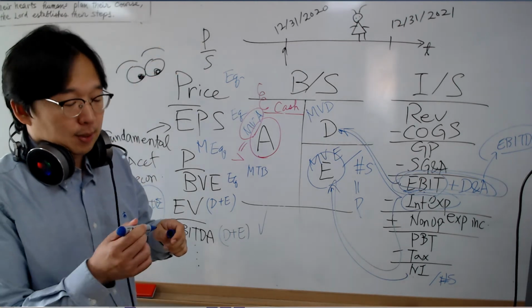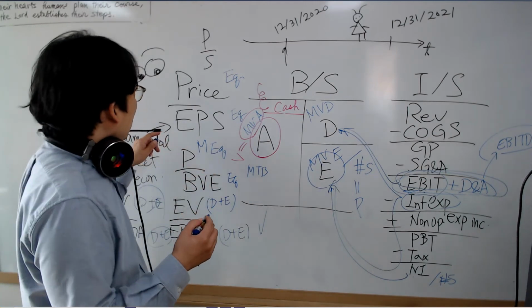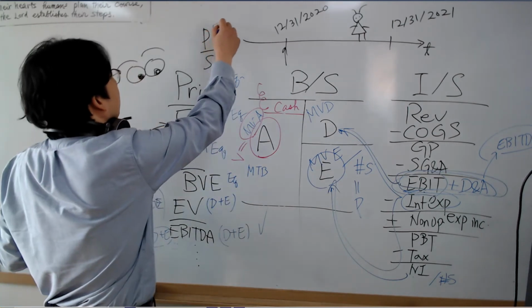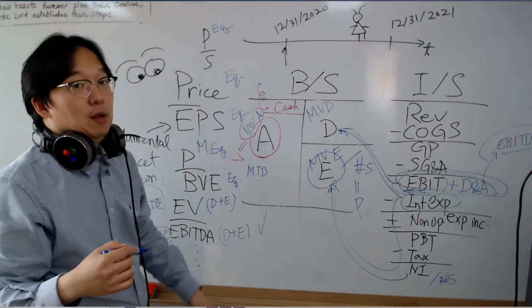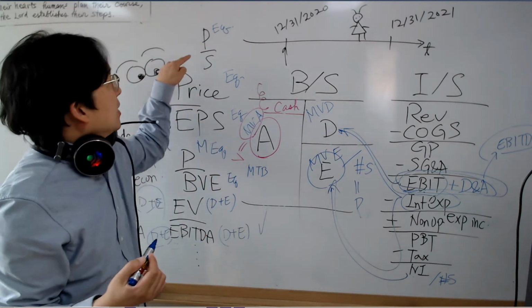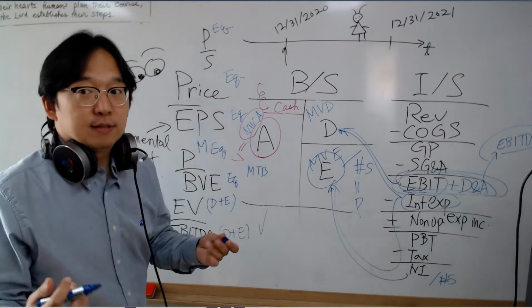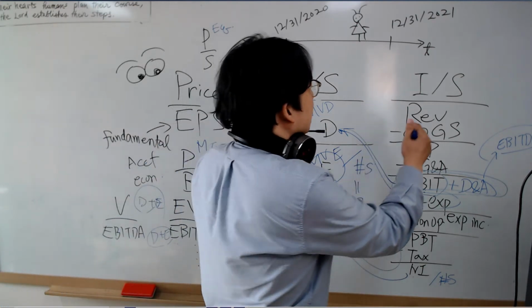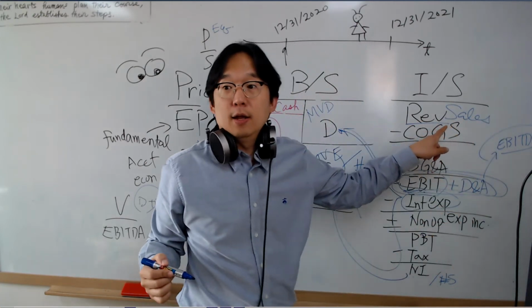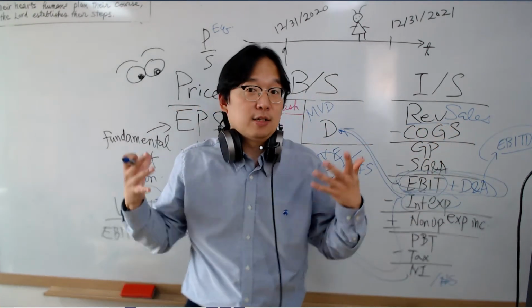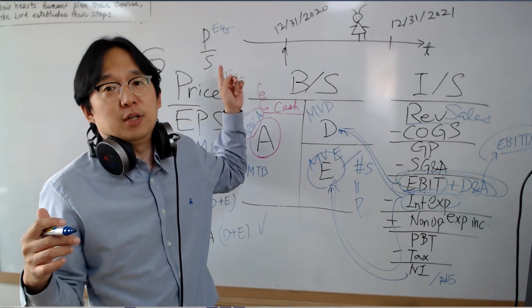What is that about? The price is about the equity side, market cap. This guy, right? The same thing. How about S? This is sales, right? The sales is nothing but the revenue over here. Whether you call it revenues or sales, it doesn't matter. But they say PS ratio.